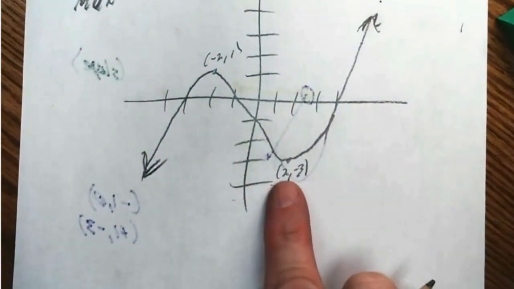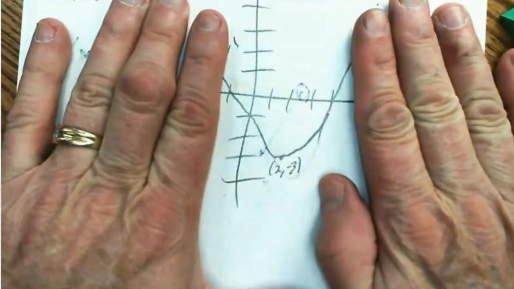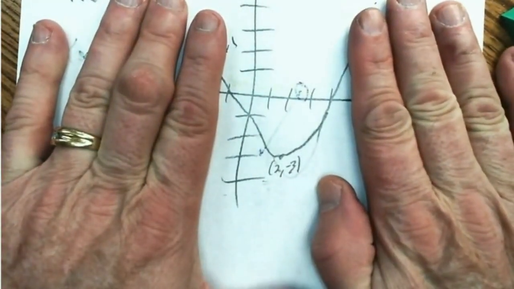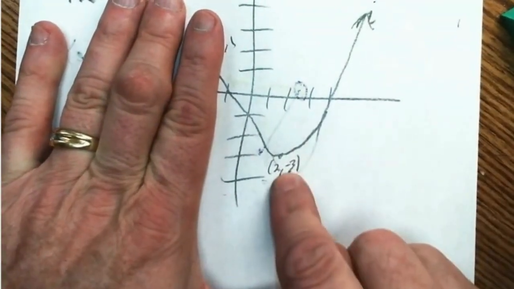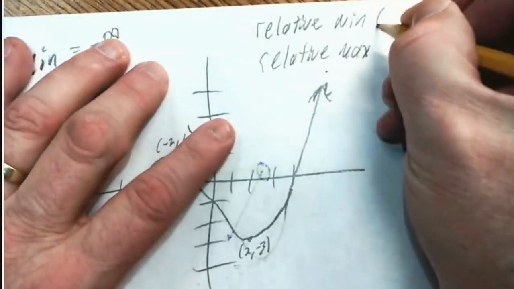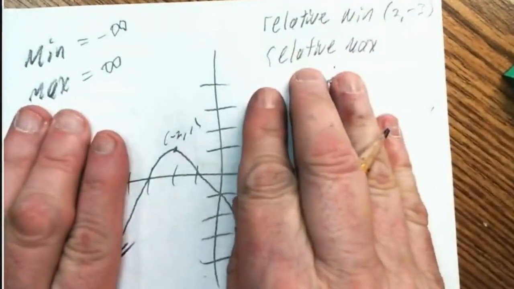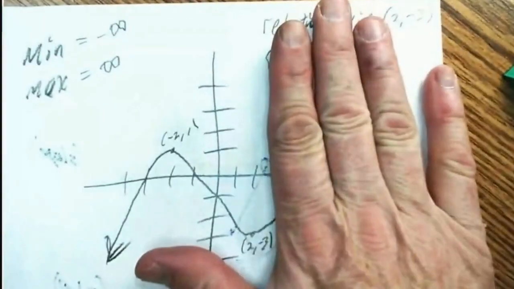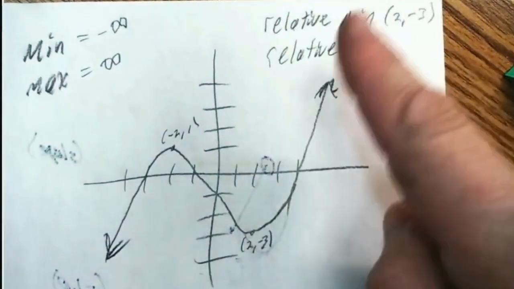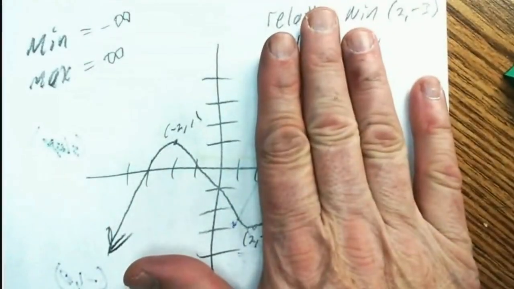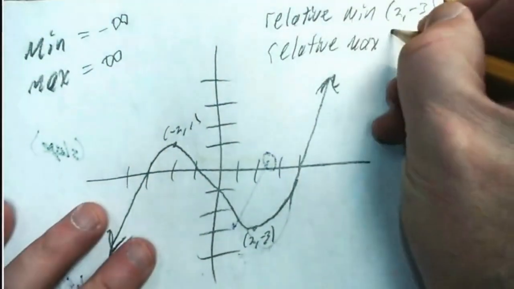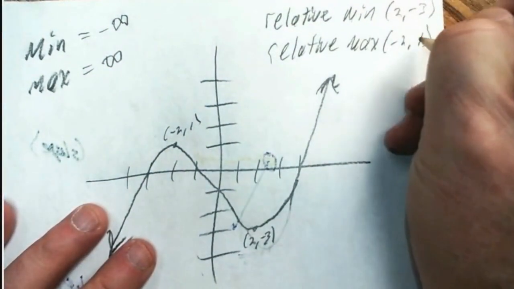This is a relative minimum, which means if I just look at part of the graph, just relative to this area of the graph, that's the lowest point. Relative minimum at 2, -3. And there's a relative maximum, which means if I ignore that it goes on forever, there's a relative maximum at -2, 1.